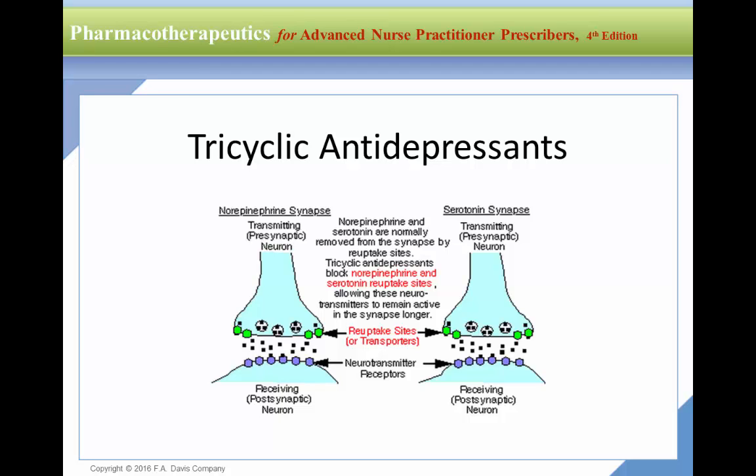In addition, due to the alpha adrenergic blocking effect that TCAs have on the myocardium, you have to be very careful when you prescribe these medications to patients that have cardiovascular diseases, because they can go into severe cardiac arrest as well as cardiac arrhythmias.